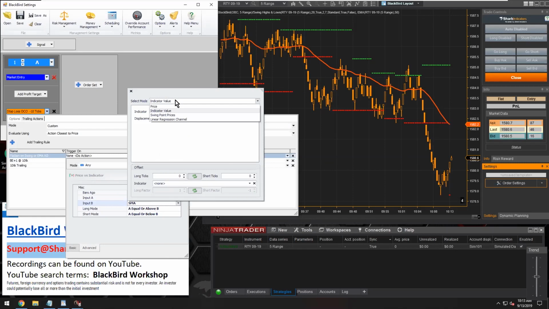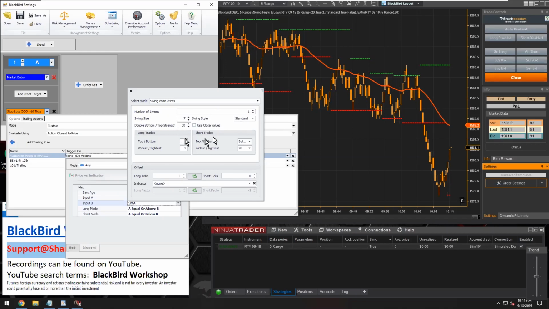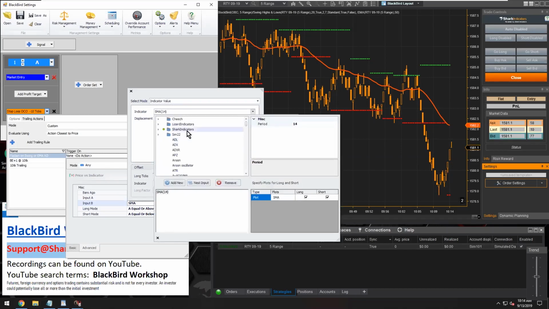Or you can use the swing point price interface, and basically this is just the swing highs lows indicator, incorporated in a custom interface like so. So either one will work here, but I think most people prefer to use the indicator value input, just because the interface is a little more familiar to people, I think.